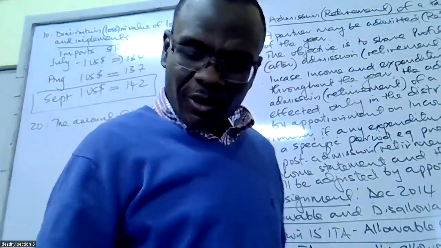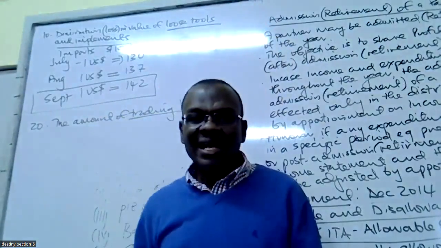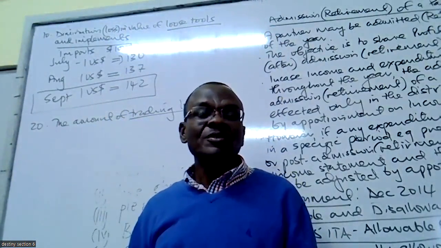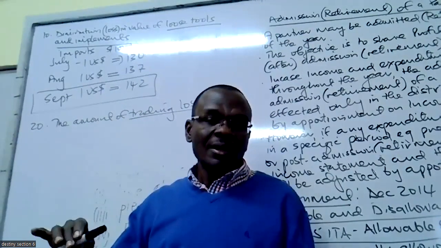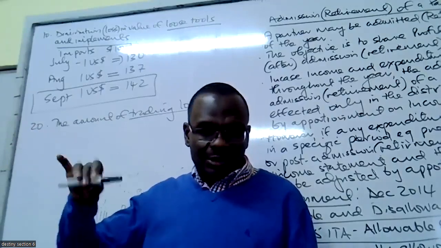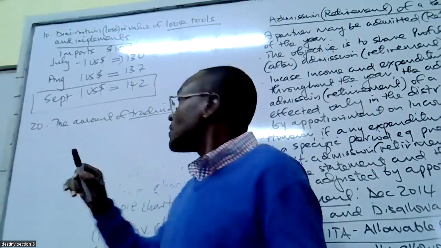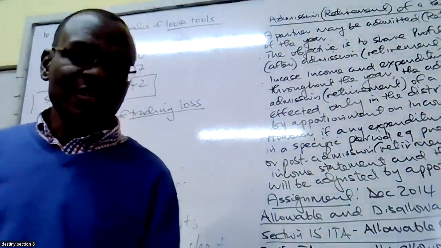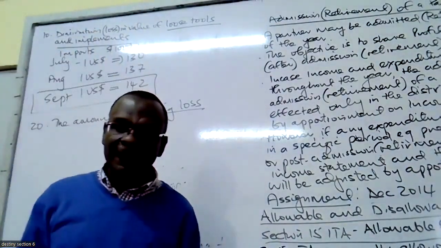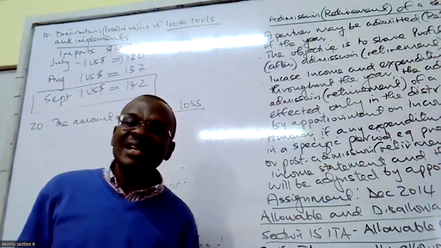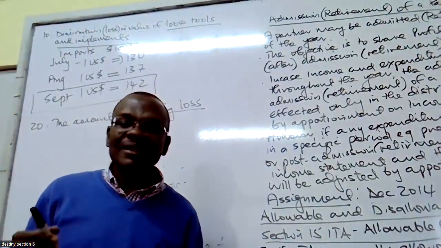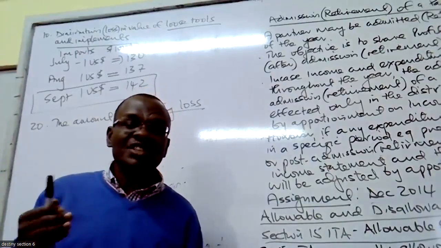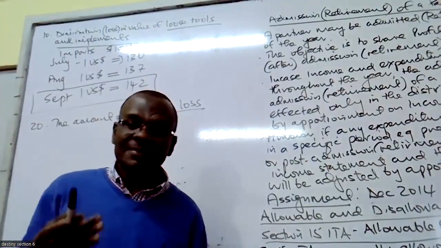So when you dispose all the assets of a particular category, say you dispose motor vehicles, at a value that is lower than the residual or book value of the motor vehicles, that loss is called a trading loss. If the business is a going concern, trading losses are allowable expenses. If the business is under liquidation, the same loss will be referred to as balancing deduction. It's just a change in terminology, but the concept is the same.